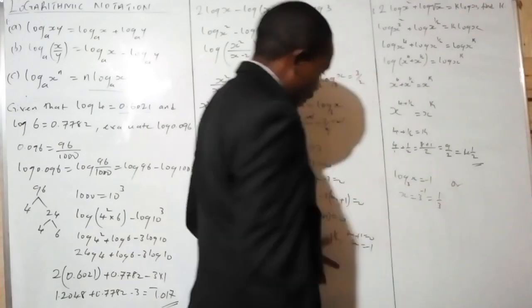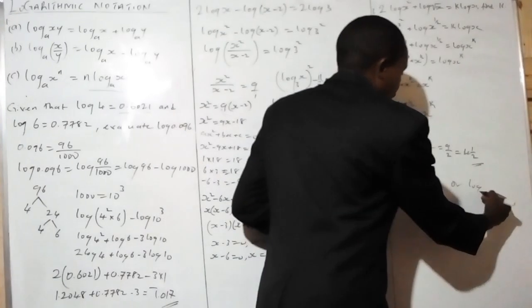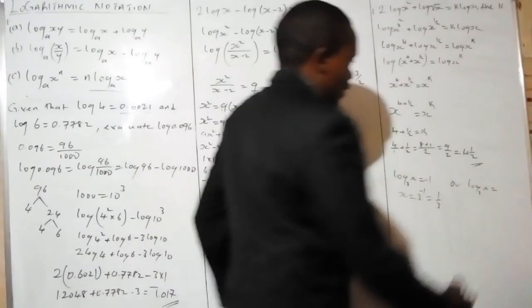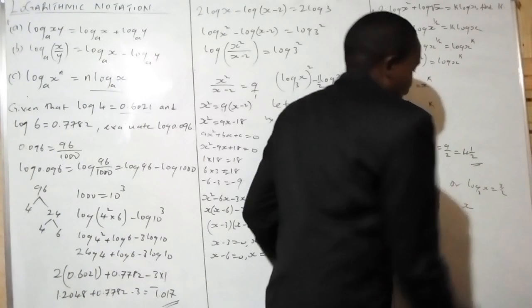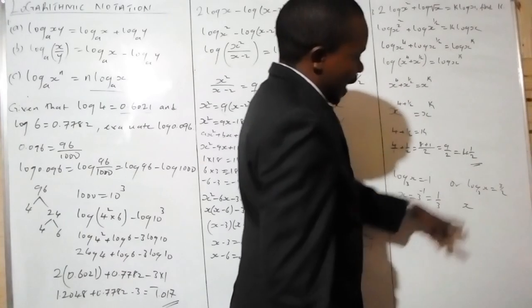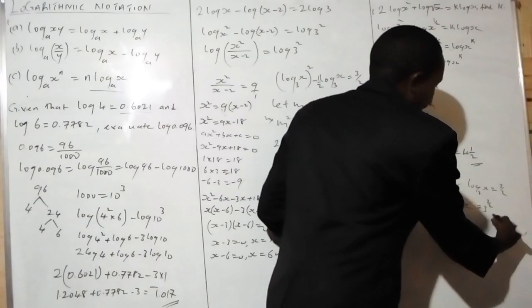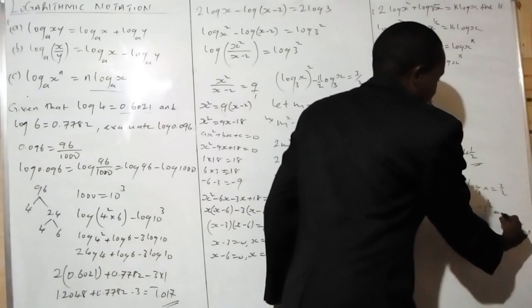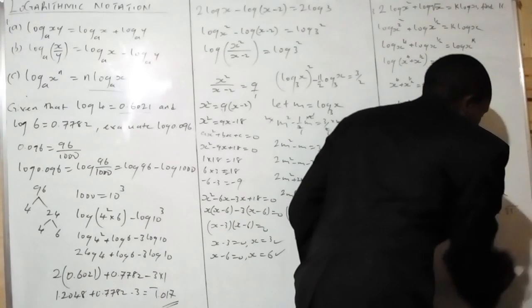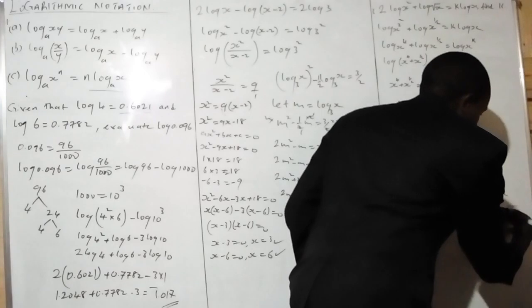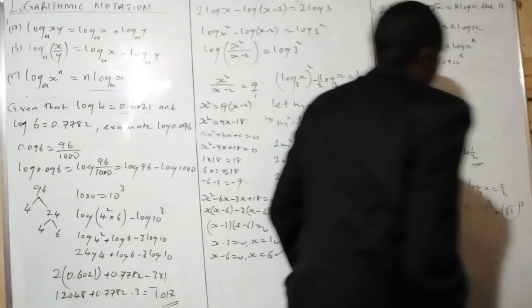Or we can say log to base 3 of x is equal to 3 over 2. This is the same as x: I am left with x on this side. 3 takes the position of 3 over 2, and 3 over 2 becomes the power, and this is the same as root 3 cubed.